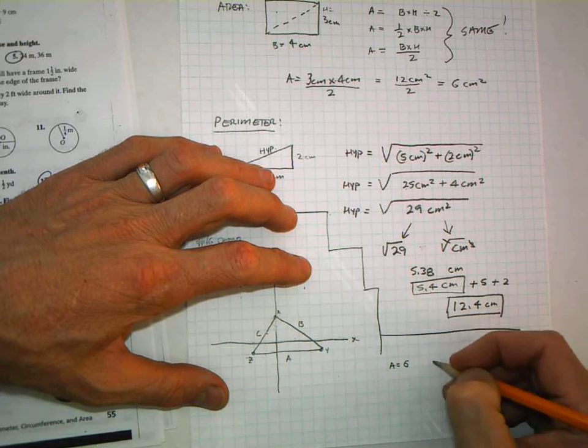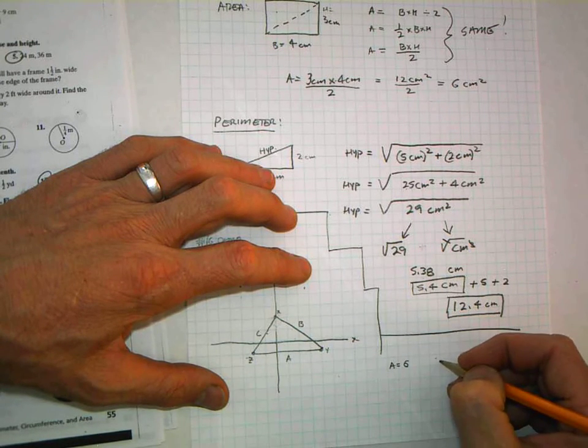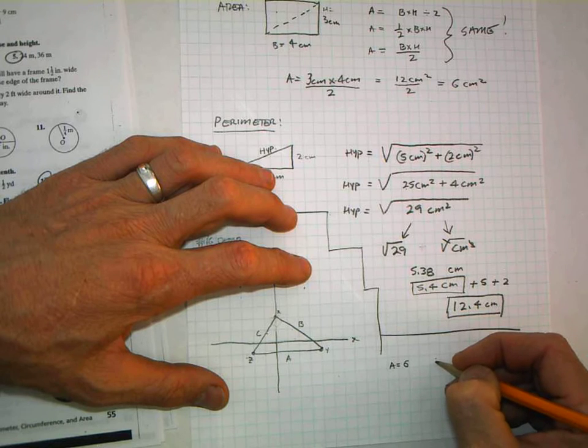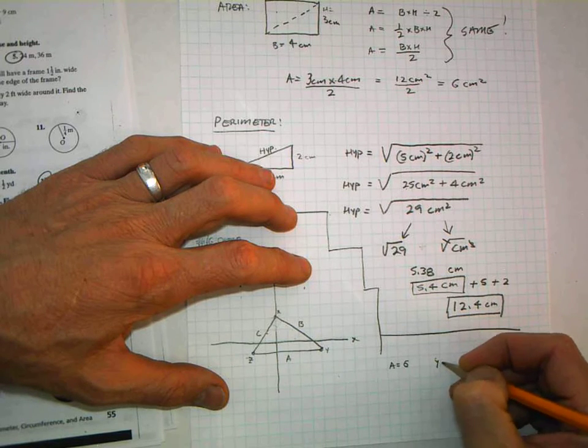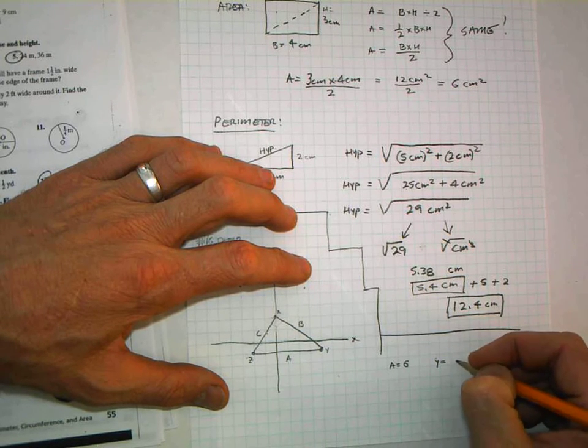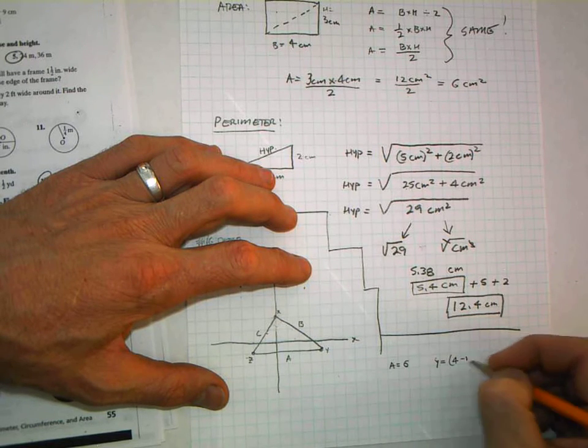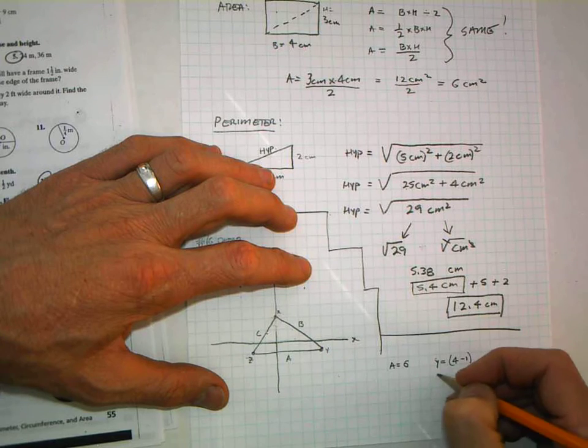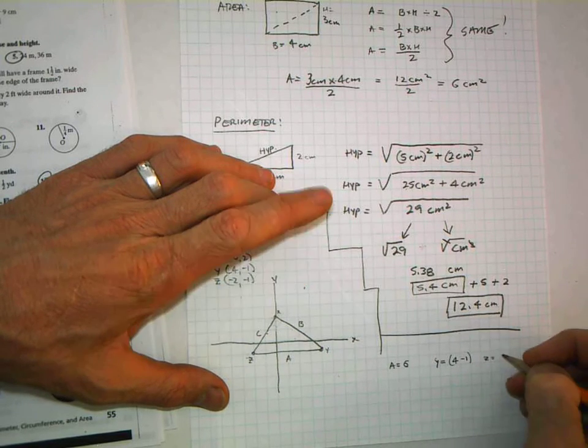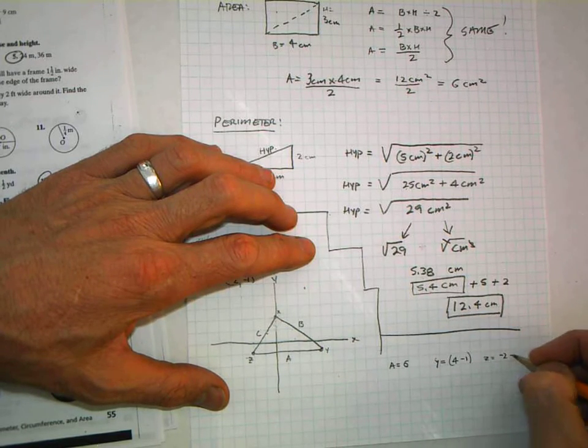And so you could say, strictly speaking about the x value here, we could say that y is 4, negative 1. We'll use both values. Z is minus 2, minus 1.